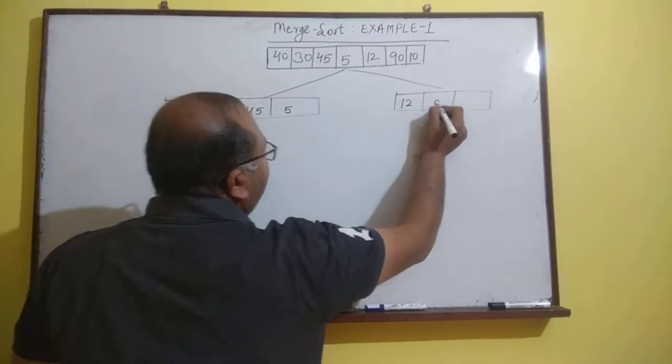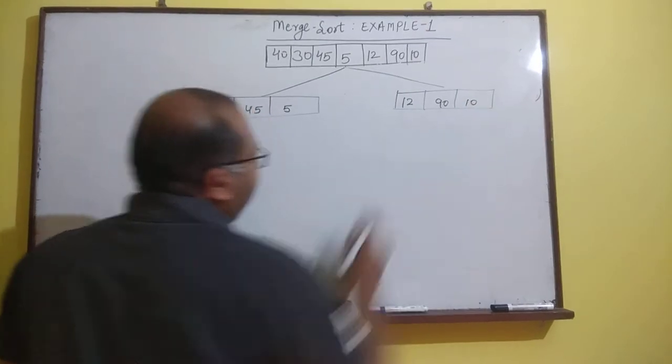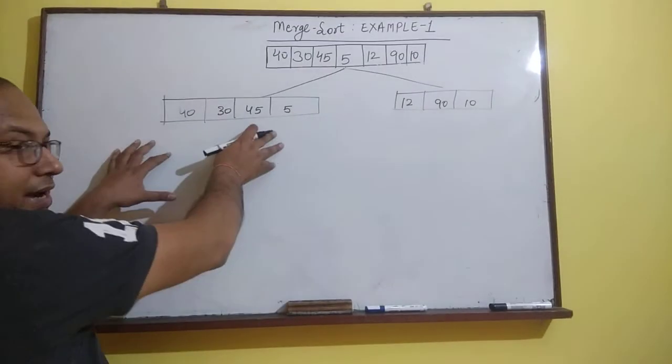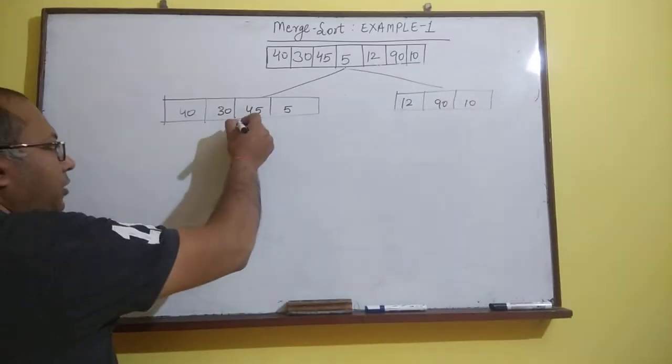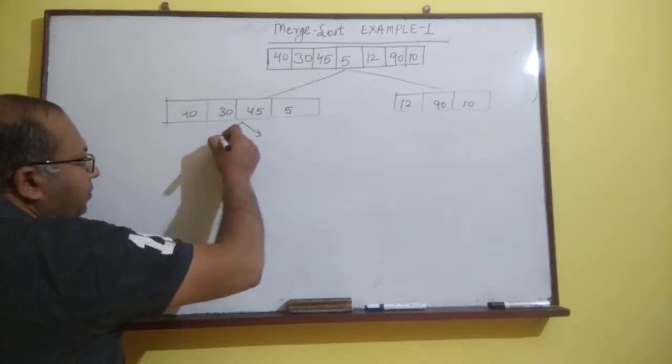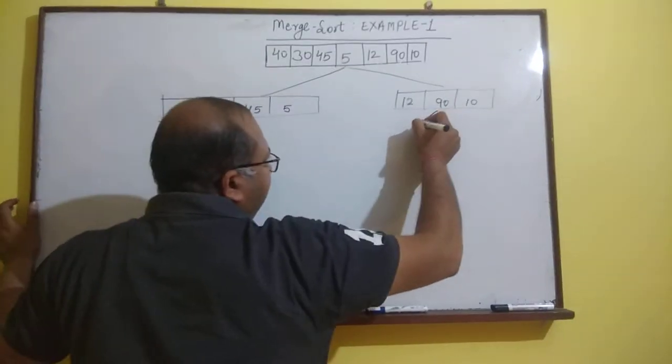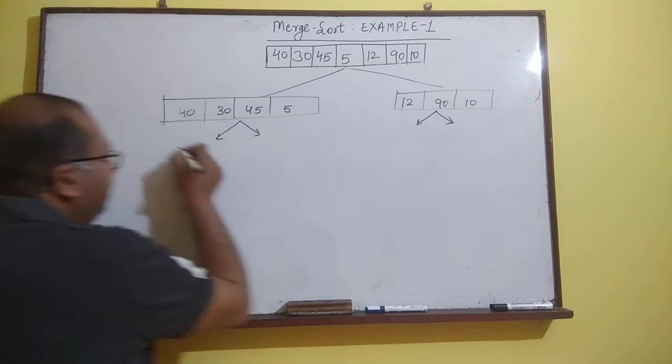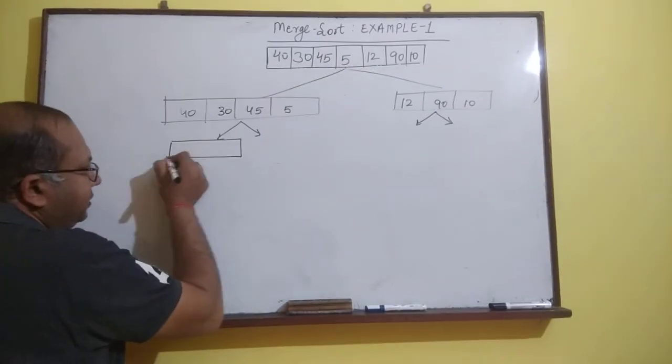The second half has only 3 elements: 12, 90 and 10. Then this left-hand side part will also be divided into two parts, and this side will also be divided into two parts, like this.